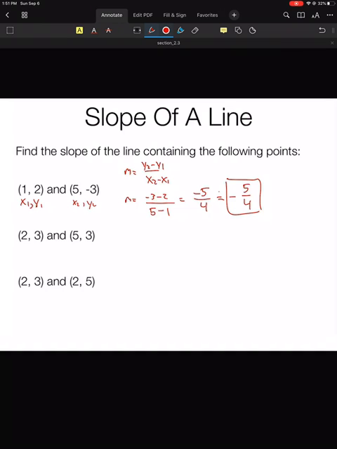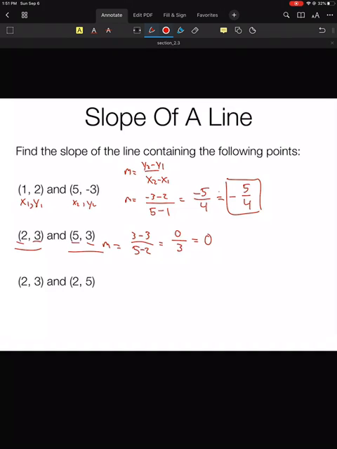That is the slope of that line. Next we'll do (2, 3) and (5, 3). M is equal to 3 minus 3 over 5 minus 2, y2 minus y1 over x2 minus x1. 3 minus 3 is 0. 5 minus 2 is 3. 0 divided by anything is 0.